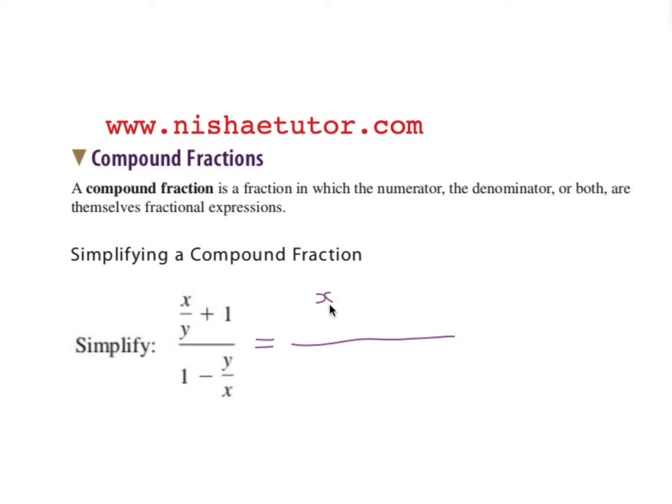So this is x upon y plus, here 1 we can write as y upon y. It means here we multiply by y. Now here, 1 minus y upon x, so here we multiply by x, so we can write x upon x minus y upon x.